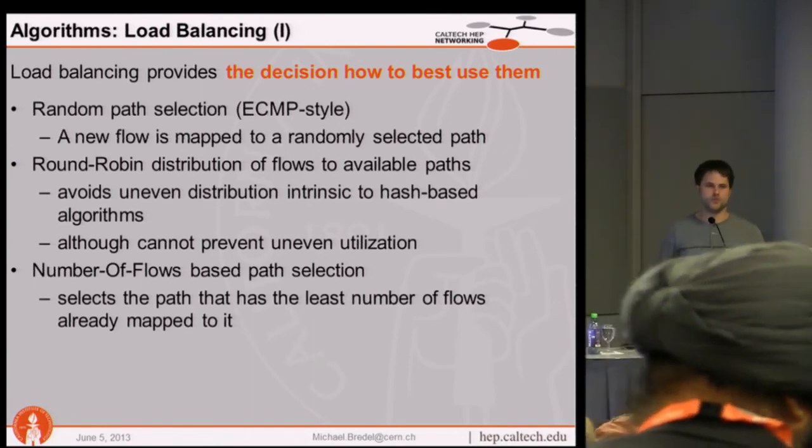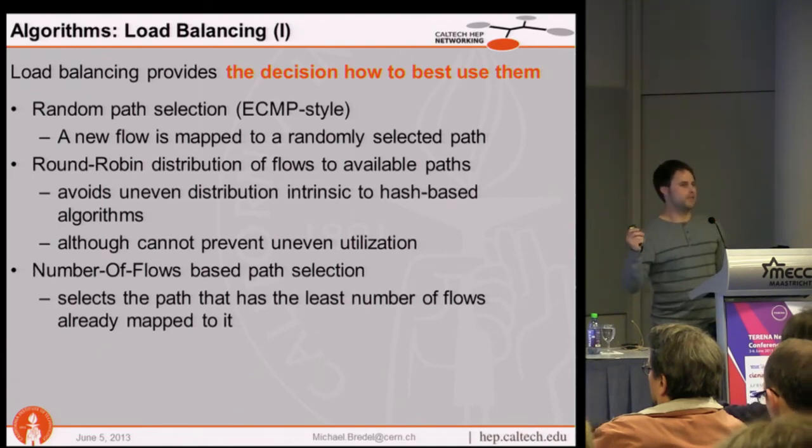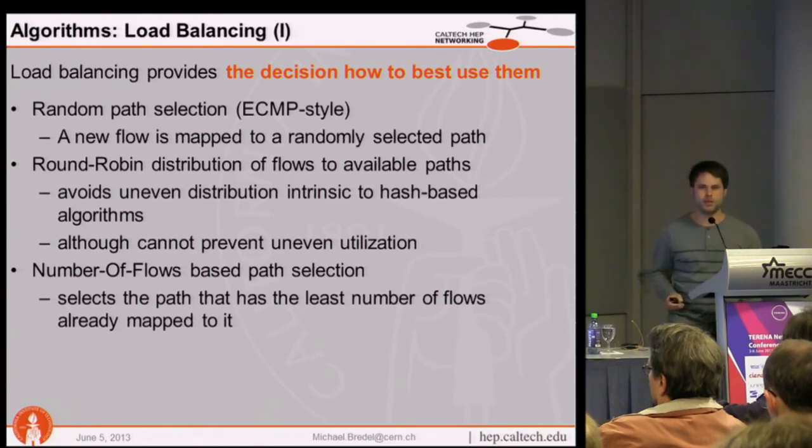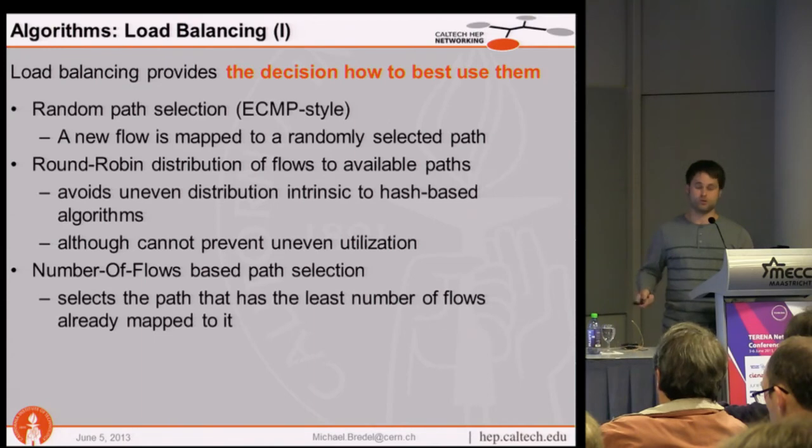And here you can also think about various algorithms that do that. For example, you just pick one path randomly. That is basically done by ECMP, where you have a hashing, and the new flow is mapped to a path totally randomly. You can also do round robin here.